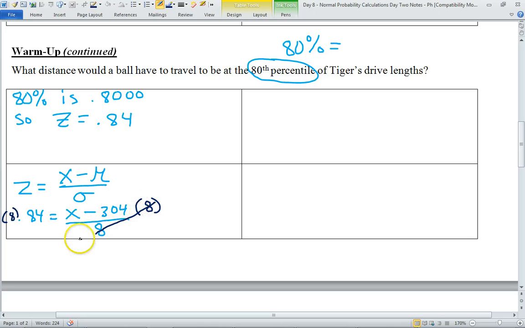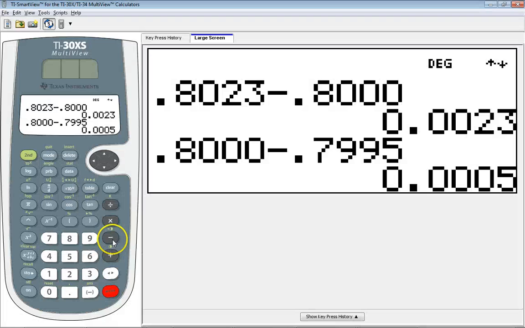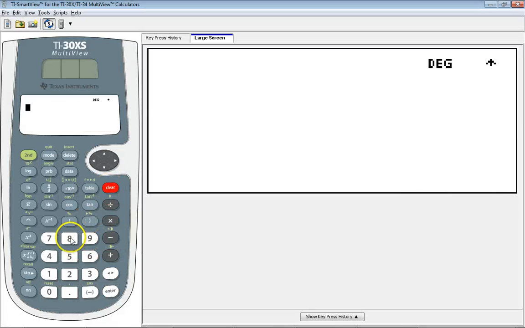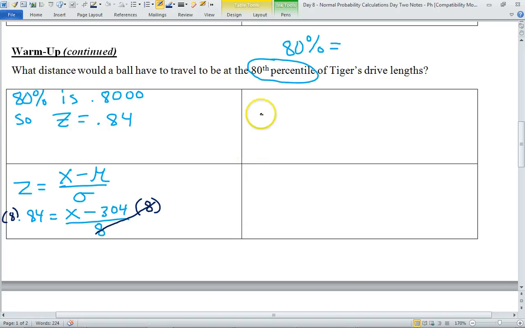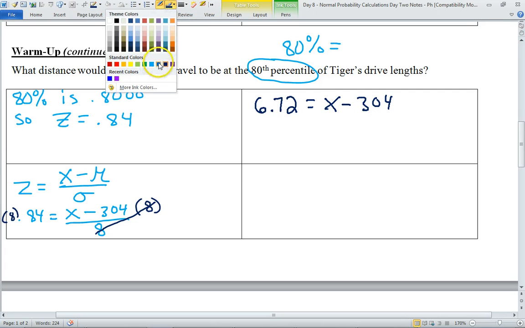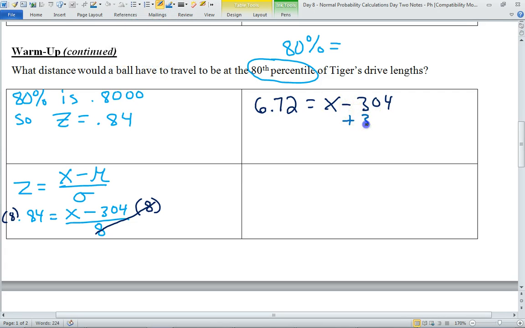But if I do this, 8 times 0.84, okay, that's 6.72. Okay, so now I've got 6.72 equals x minus 304. What am I going to do now, man? Add 304 to both sides.